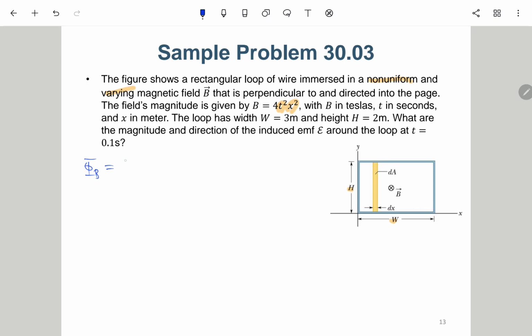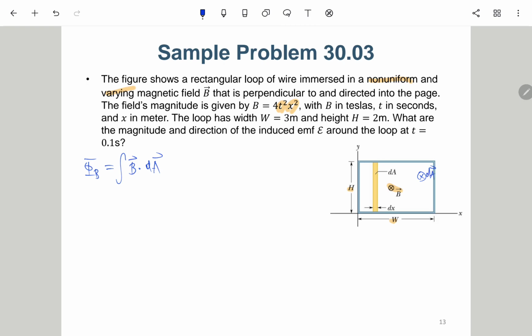So phi B will be the integration of B dot dA. Actually the B field is going into the page. Also, for this loop you can simply define this dA to be pointing into the page.